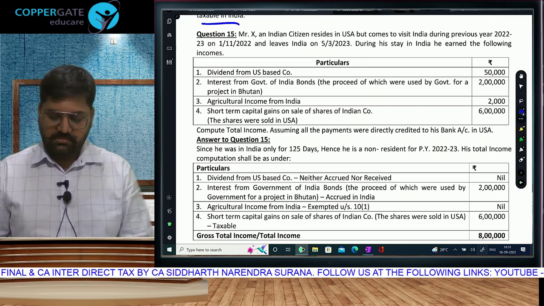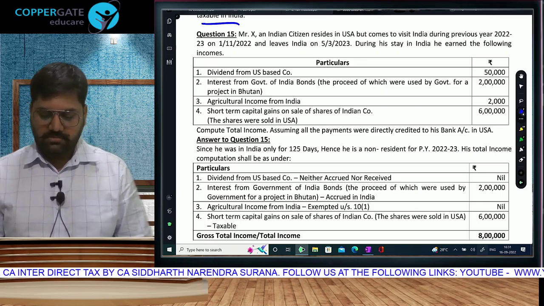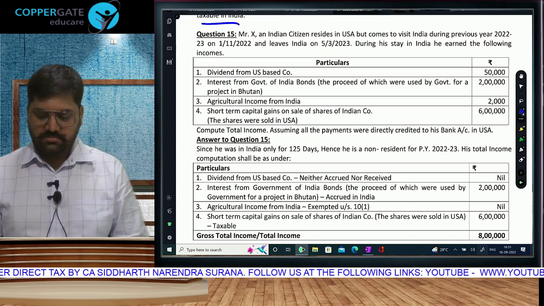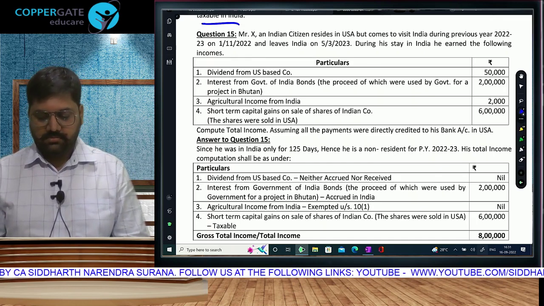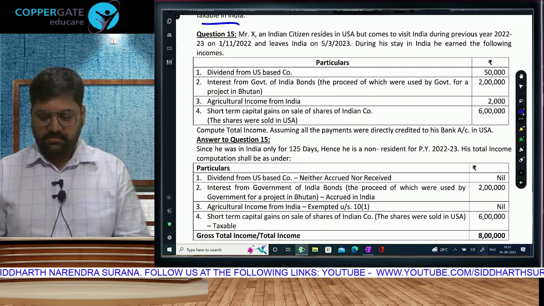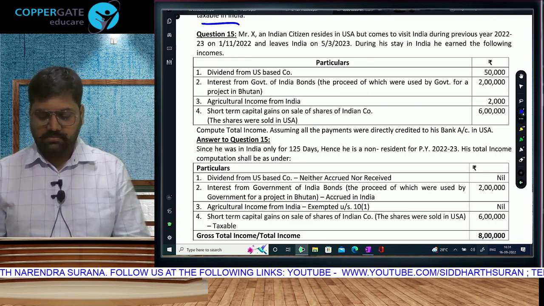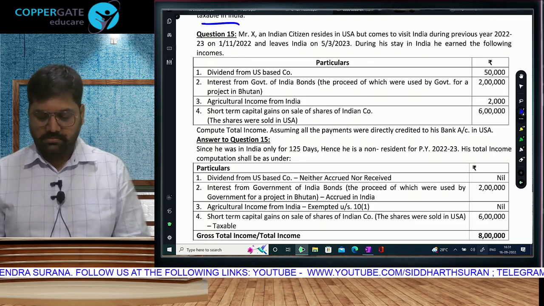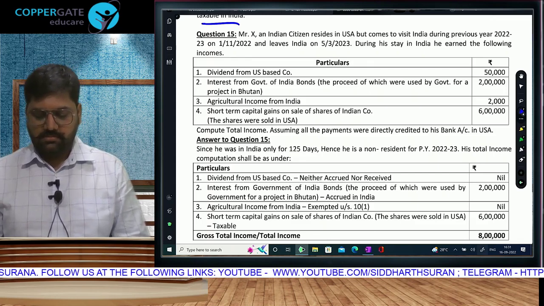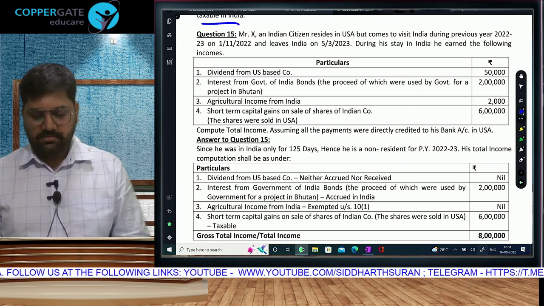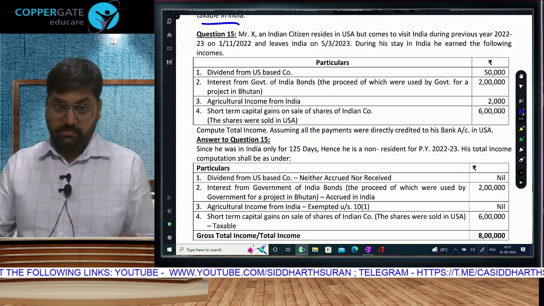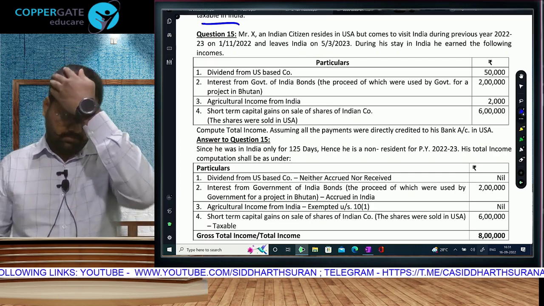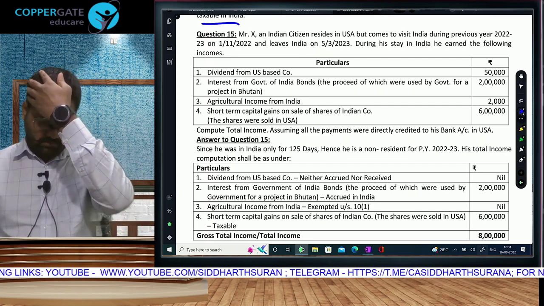Dividend from US-based companies is 50,000. Interest from Government of India bonds, the proceeds of which were used for a project in Bhutan, 2 lakhs. Agricultural income from India, 2,000. And short-term capital gains on sale of shares of an Indian company, the shares were sold in USA, 6 lakhs. Compute the total income assuming all payments were directly credited to his bank account in USA.